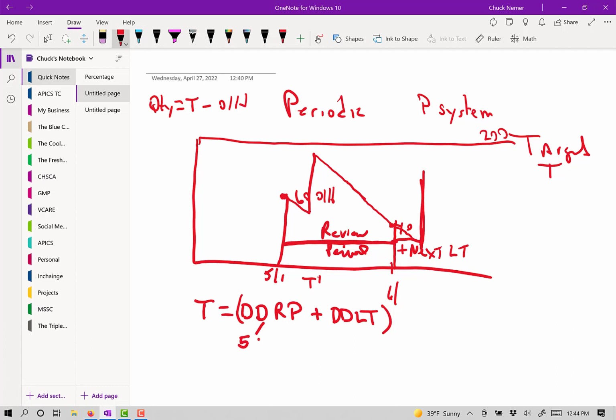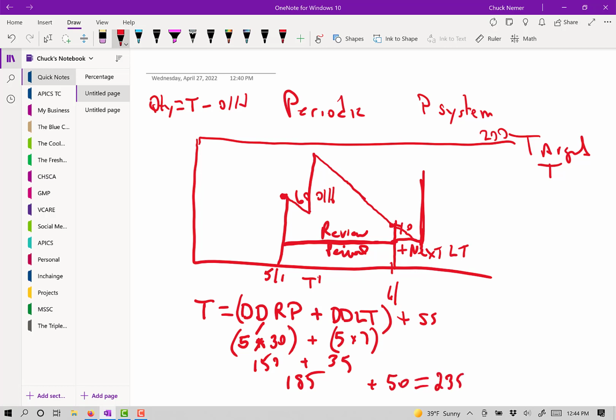Then we've got to cover 5 multiplied by 30 days, plus the demand of 5 over the lead time of 7 days. So it's 150 plus 35. We would set our target at 185, unless, of course, we have a safety stock on top of it, and then we would add that. So if our safety stock was 50, our target would be 235.